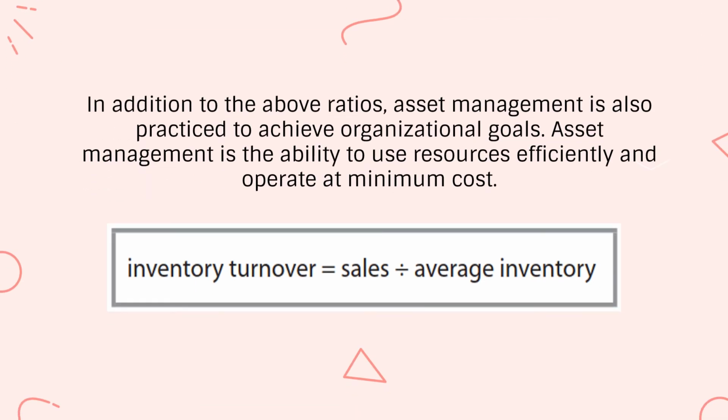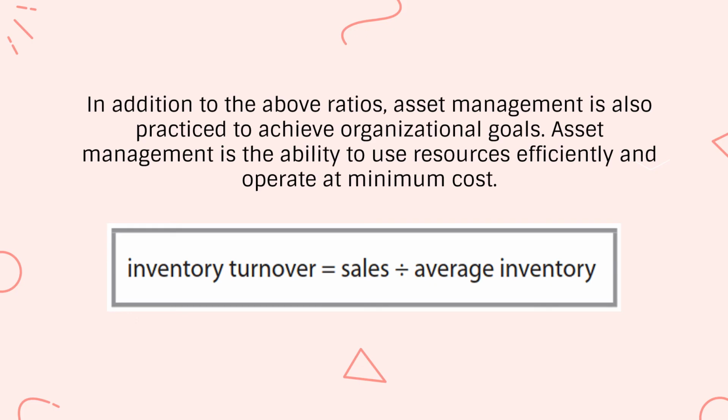So, in addition to the above ratios, asset management is also practiced to achieve organizational goals. Asset management is the ability to use resources efficiently and operate at minimum cost. Dito, yung resources natin is yung average inventory. So, that's why our formula for this is the inventory turnover.